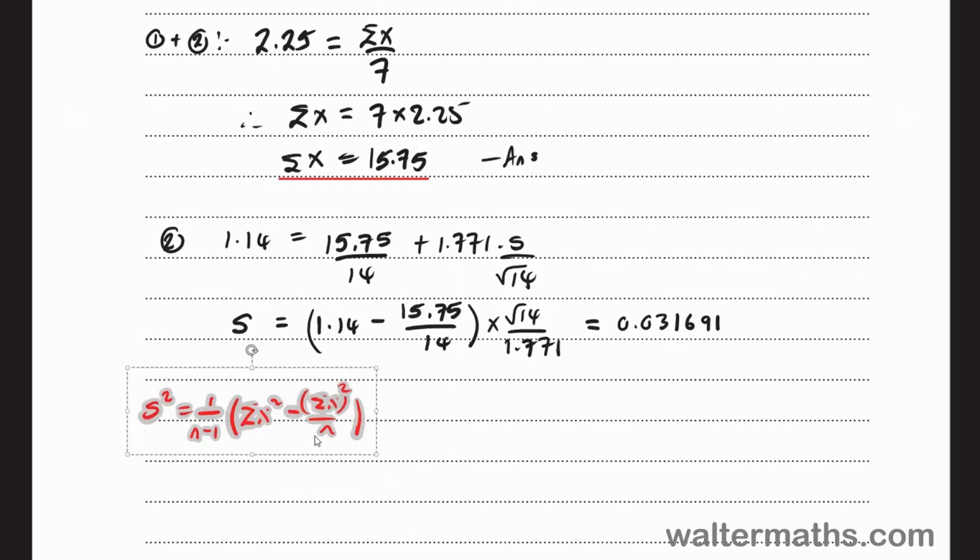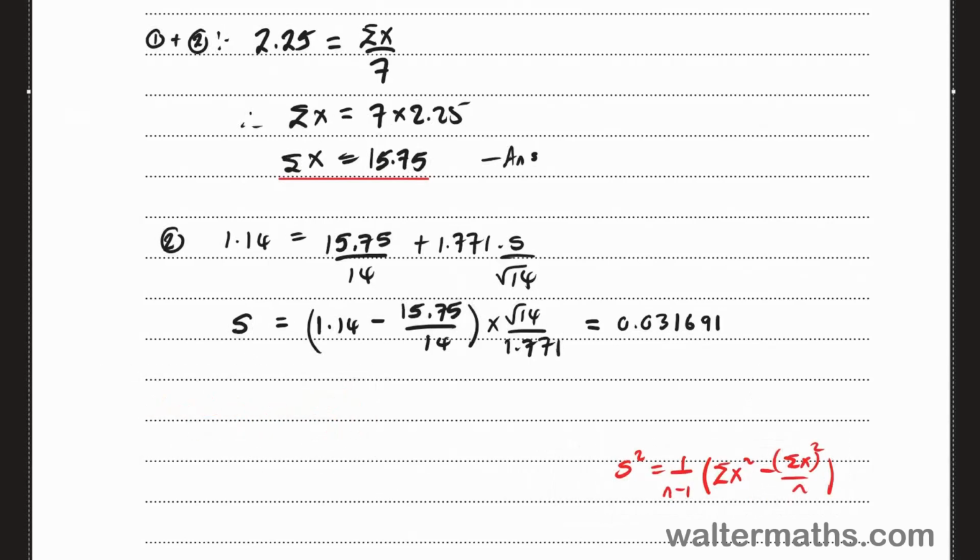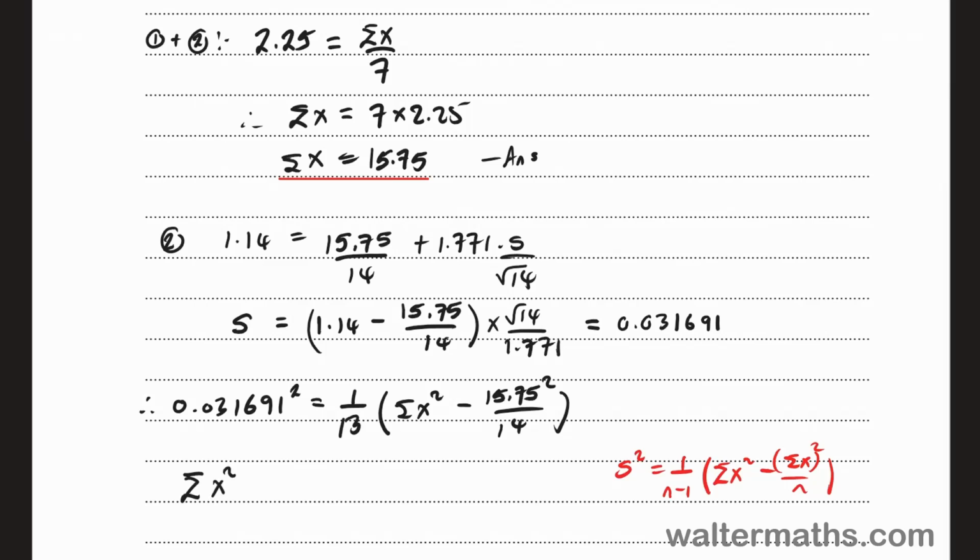Let me just put it on the side. Okay, so basically we're saying s squared, which is now 0.031691 squared, is equal to 1 over 13 of the sum of squares, and that's minus the sum of x squared, which is 15.75 squared over n, which is 14, like this. So we can make the sum of squares the subject.